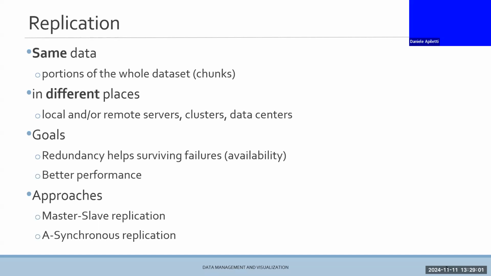One is, how do we connect the different nodes of the cluster? One option is, you see here, master-slave replication, okay? And the other feature is, how do we force the replication of the data? So do we force the replication to happen immediately? That is synchronous replication, or can we let the replication happen later? Okay, and each of these choices has some pros and cons. Okay, so that's the core of the discussion.